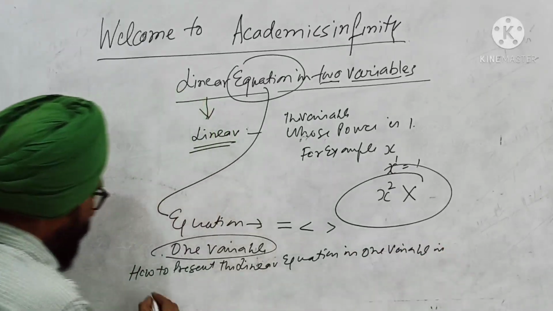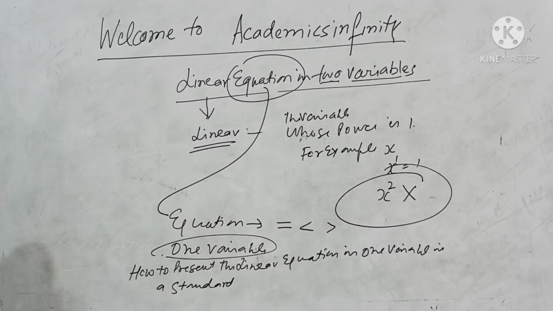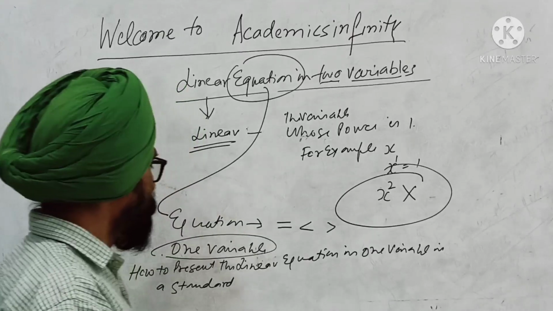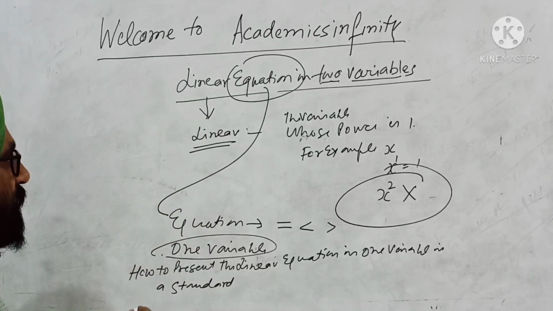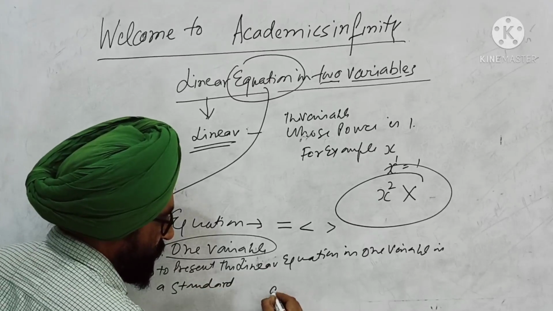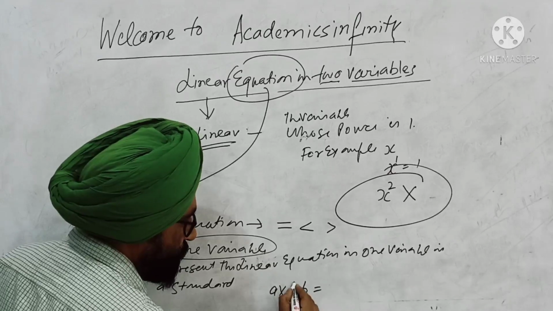In a standard form. You can say in the mathematical form. In the mathematical form, we can present the linear equation in one variable as ax + b = 0.